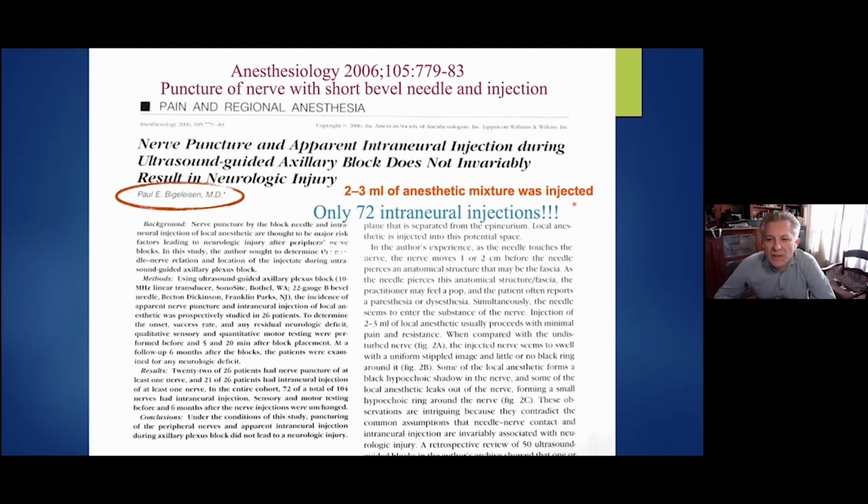When you see that you have an incidence of 4 in 10,000 severe neuropathies, you can see that 72 is statistically very difficult to say that this is the correct way to act, because in 72 you can perfectly have no neuropathy.